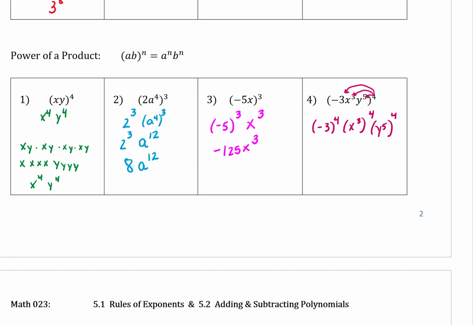Negative 3 to the 4th will be 81. We're going to use our power of a power rule here. We're going to multiply 3 times 4 and get x to the 12th. And then y to the 5th to the 4th, power to a power, we multiply, and we get y to the 20th.